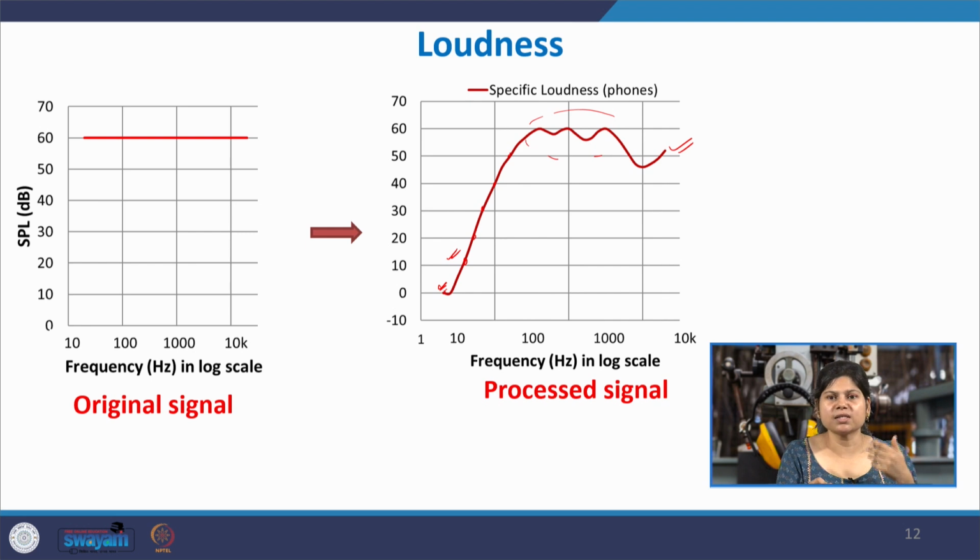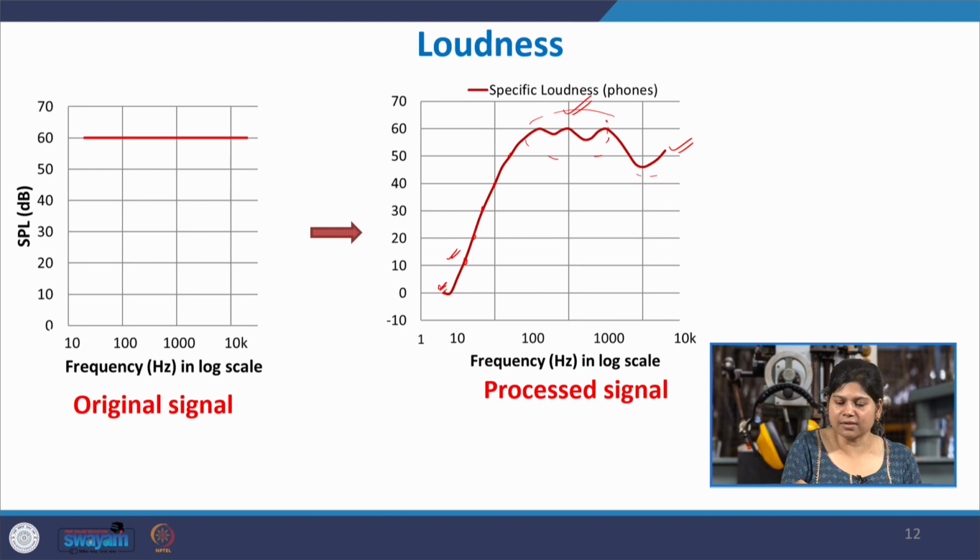It will be of 60 phones loudness, and then once the frequency goes beyond this value, the perceived loudness decreases. So this shows how, even though I am passing a signal of 60 dB throughout all the frequencies, our ear hears it like this.